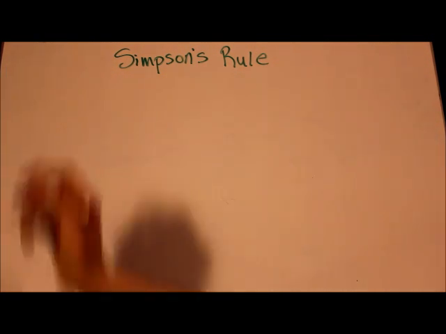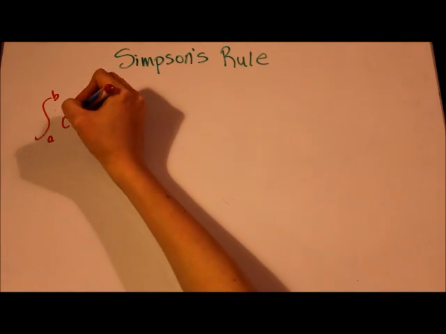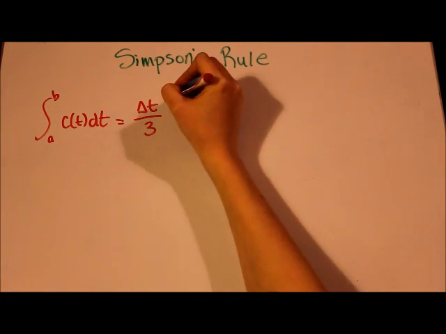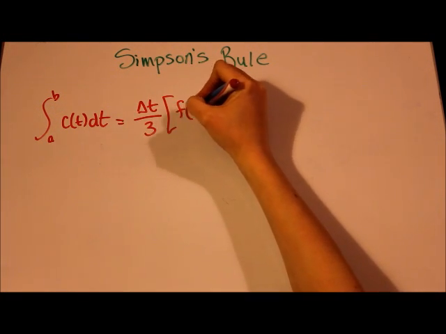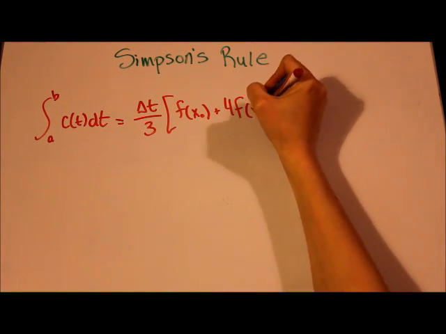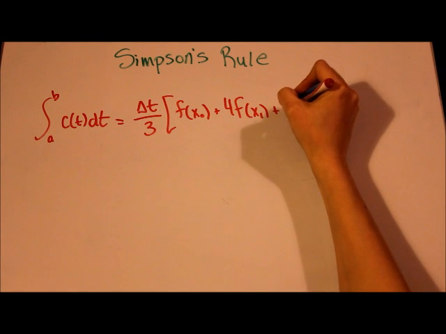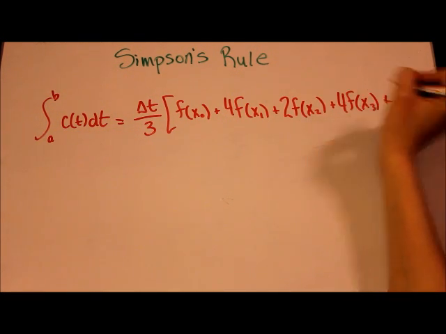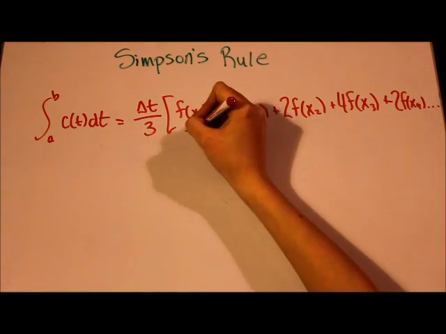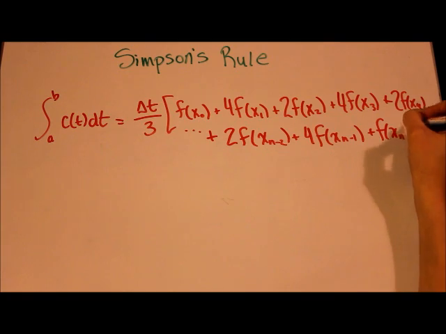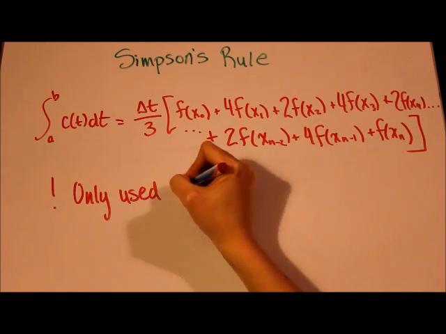The equation of Simpson's rule states that the definite integral of a function is the time interval divided by 3, or delta t over 3, multiplied by f(x0) plus 4 times f(x1) plus 2 times f(x2), with all other function values multiplied by alternating 4 and 2, with the final function value, or f(xn), being multiplied by 1. Remember, Simpson's rule can only be used with an even number of subintervals.